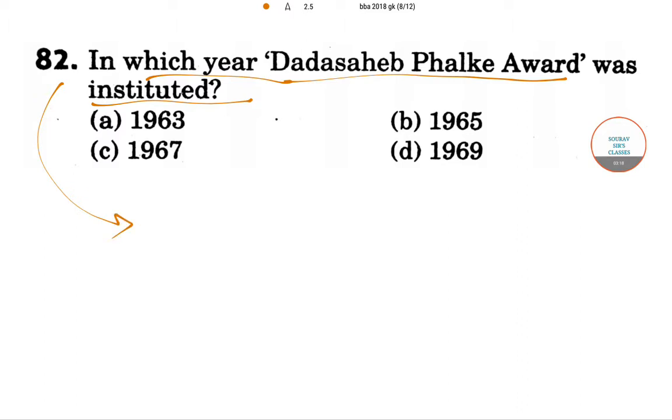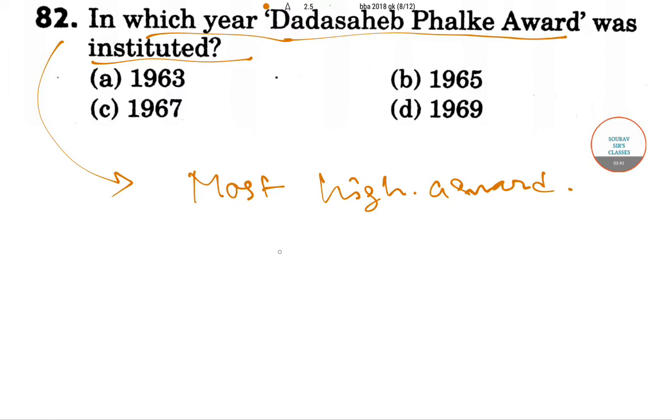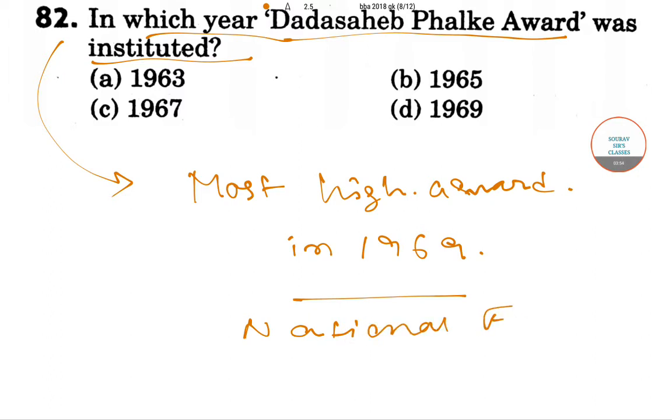So Dadasaheb Phalke Award is actually a cinematographical institute and award, and that is the most high award in cinema, instituted in the year 1969, and it is presented annually at the National Film Award ceremony.